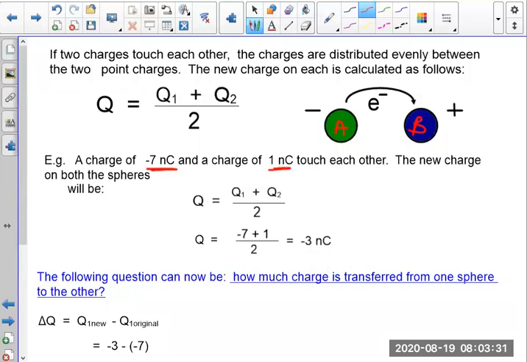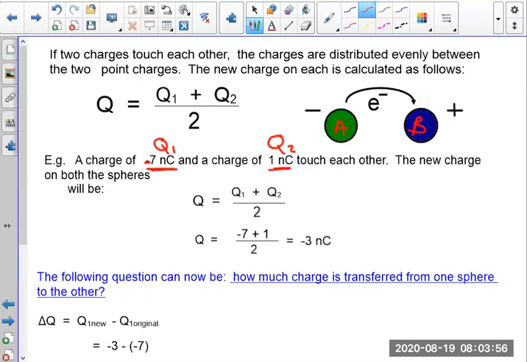In this case, we have Q1 and Q2, the charges on these two spheres. I substitute them in, but I must substitute in the minus 7, and I need to remember that it is still a nanocoulomb, which means times 10 to the power of minus 9. So we say minus 7 plus 1 divided by 2.